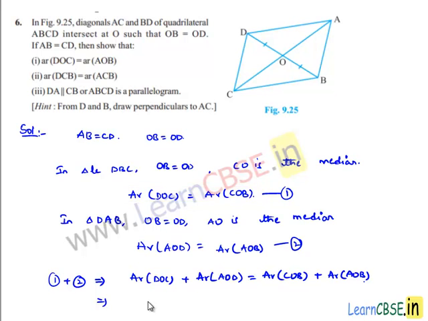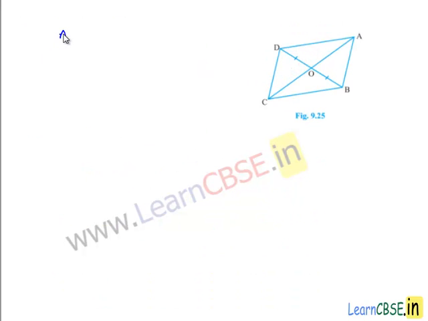That implies area of triangle DOC plus AOD is nothing but area of triangle DAC, which is equal to area of triangle COB plus AOB, which is nothing but area of triangle ABC. Here we got area of triangle DAC is equal to area of triangle ABC.